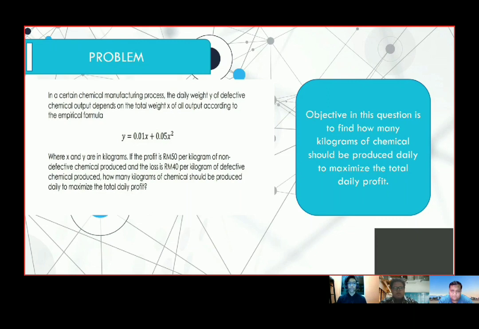If the profit is 50 ringgit per kilogram of non-defective chemical produced, and the loss is 40 ringgit per kilogram of defective chemical produced, how many kilograms of chemical should be produced daily to maximize the total daily profit? The objective of this question is to find how many kilograms of chemical should be produced daily to maximize the total daily profit.